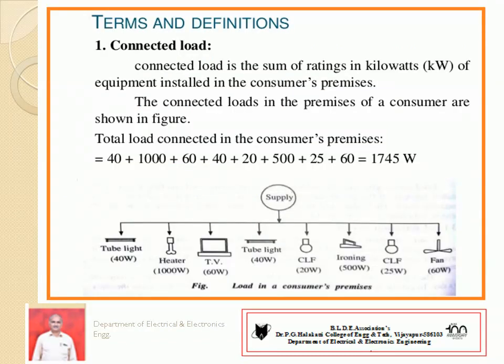Another example, take a systematic single line diagram. There are so many consumer electrical appliances there. TV is there, heater is there, tube light is there, CFL lamp is there, iron box, then again fan. It is exactly a particular house, one consumer consisting of this type of loads.